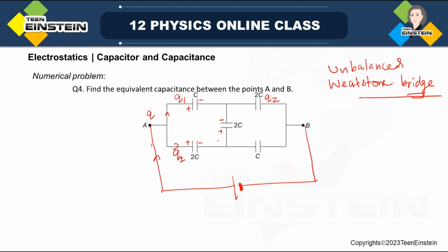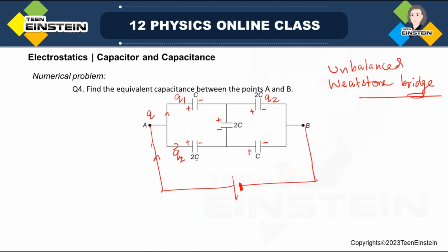I'm sorry, this is just the opposite way. Since this is negative, this is positive potential, otherwise there will be no flow of charge. So this is negative potential. Again this will be at positive potential, and this will be at negative potential, because it is directly negative here and positive here.